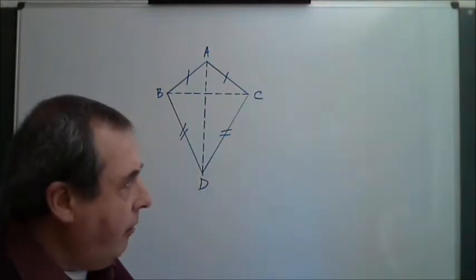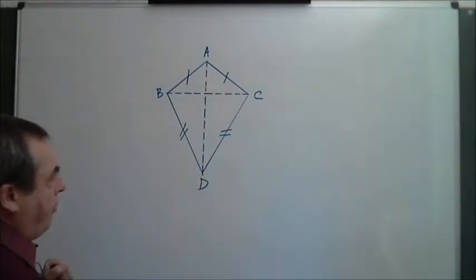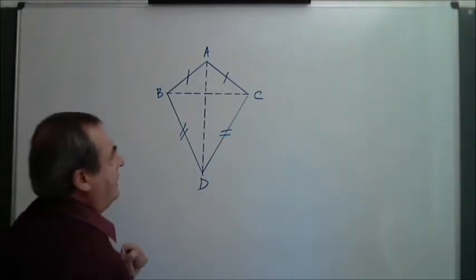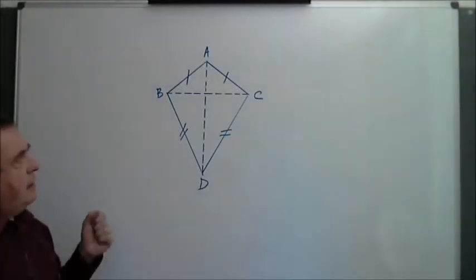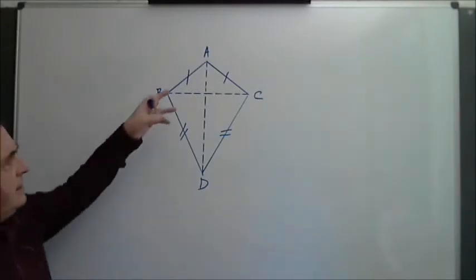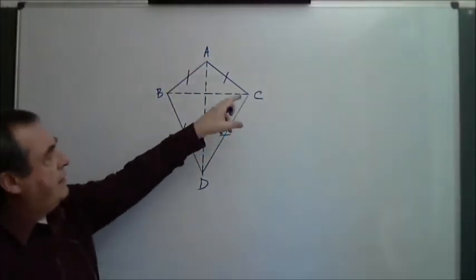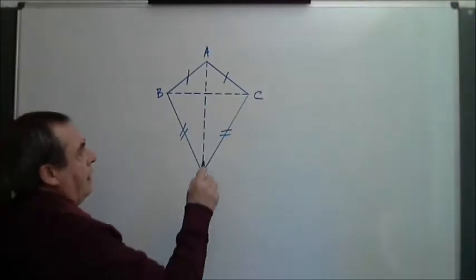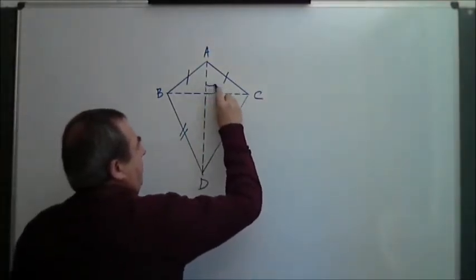Let us see now some properties of this kite. First, you can observe that the 2 diagonals are perpendicular.